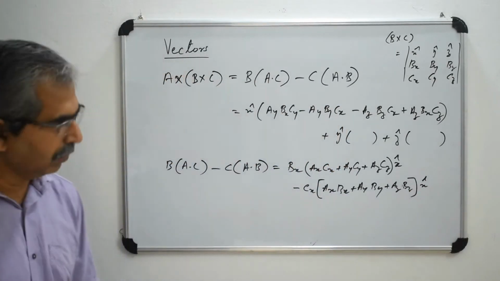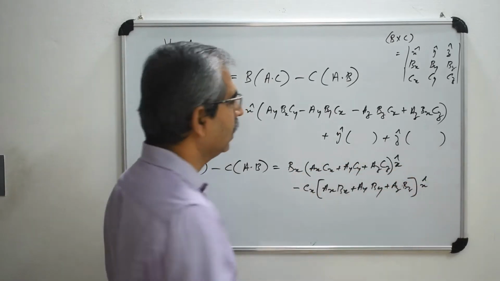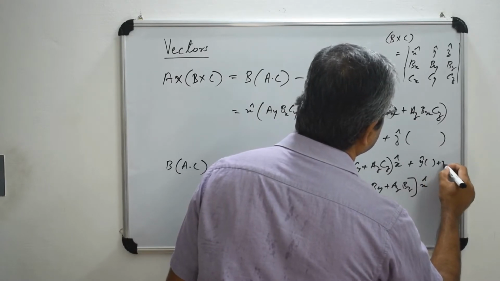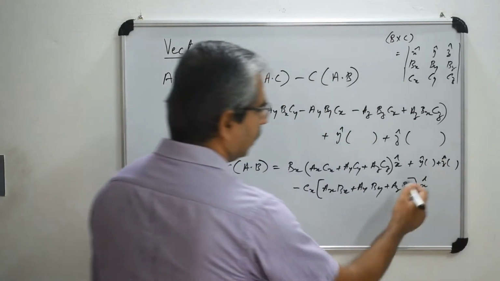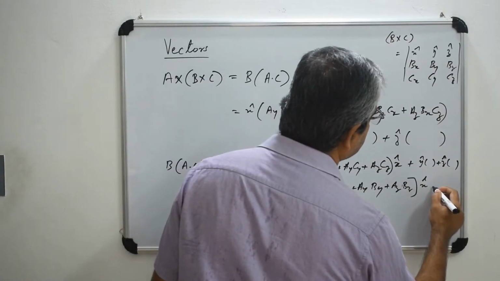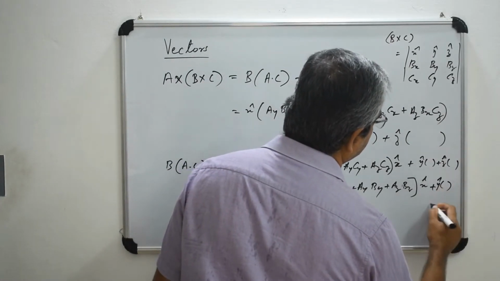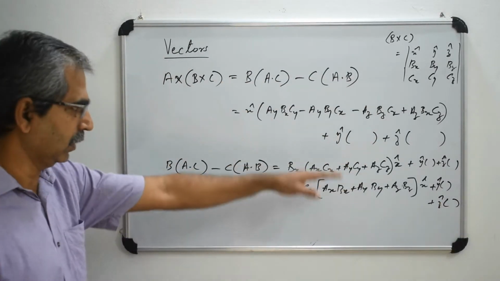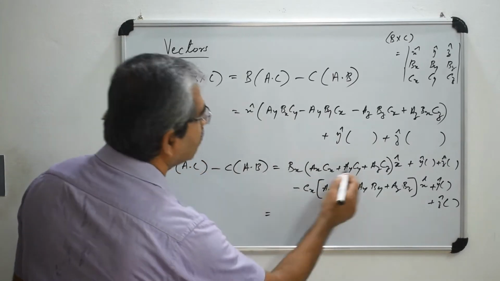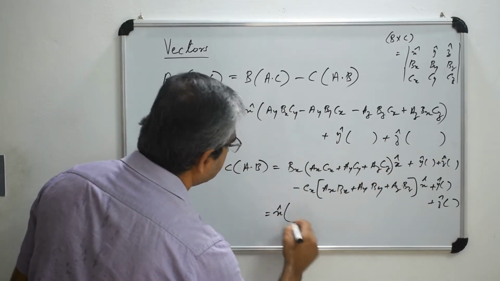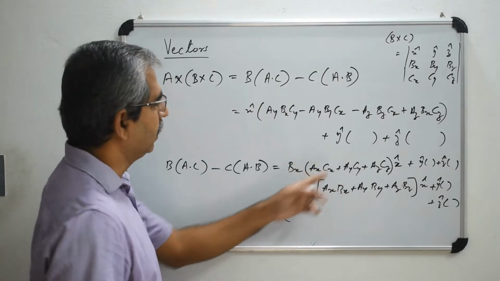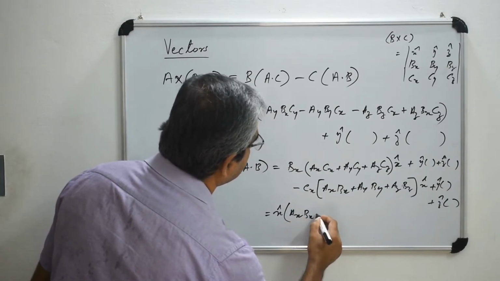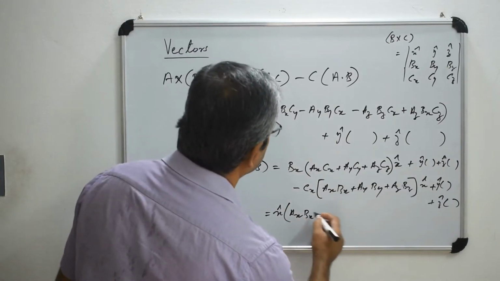Then plus Y cap terms are there, and the Z cap terms are there. Here also you have the X cap, the Y cap terms, plus the Z cap terms. So you take only the X part, that is the X component. So you can combine this. So X cap into, what is this? You can expand this, Ax, you can write it as Ax Bx into Cx.